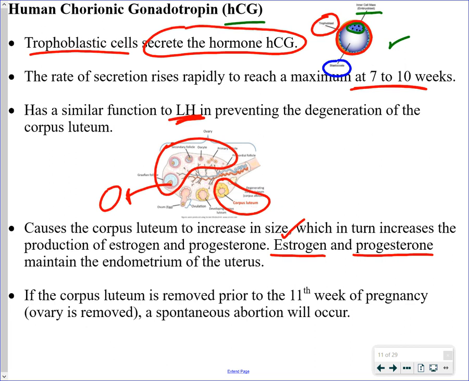After fertilization and implantation take place, the corpus luteum is going to increase in size due to stimulation from the luteinizing hormone. That is going to increase the production of both estrogen and progesterone. Of course, we talked about a number of the functions related to estrogen and progesterone.